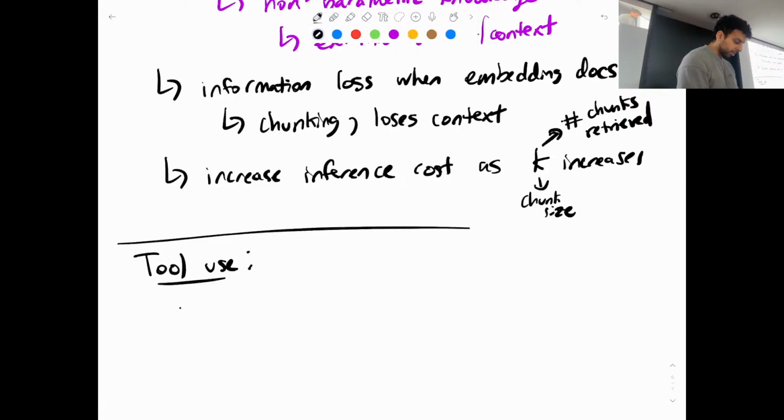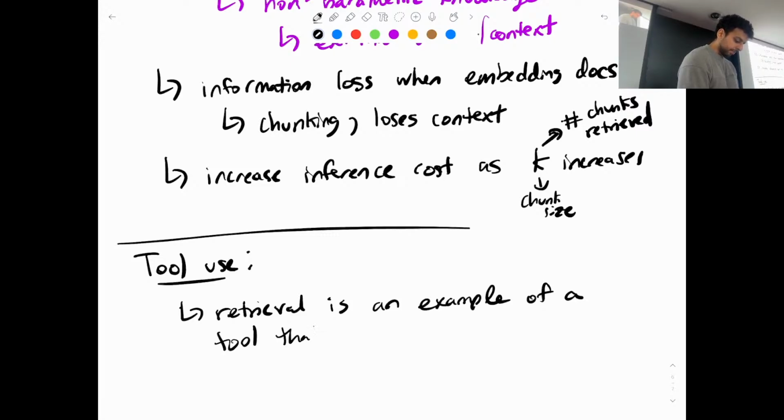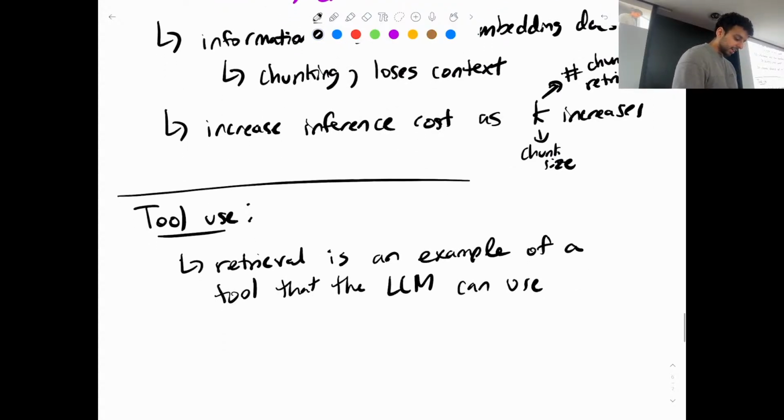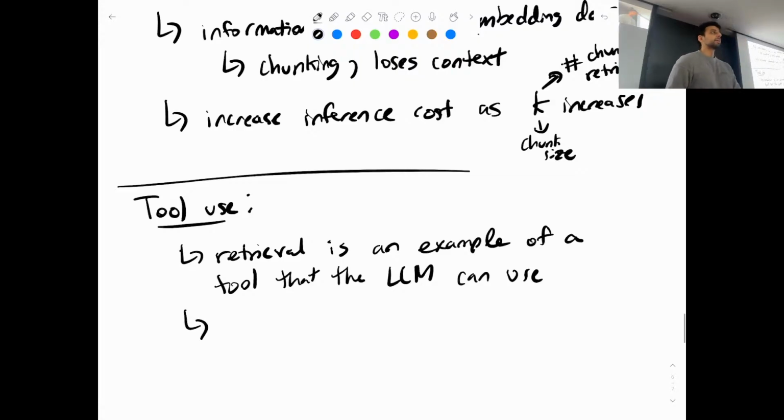So you can view retrieval as an example of a tool that the LLM can use. But in the RAG setup, at least this vanilla RAG setup, it's very simplified, right?